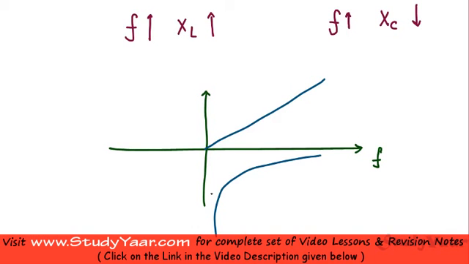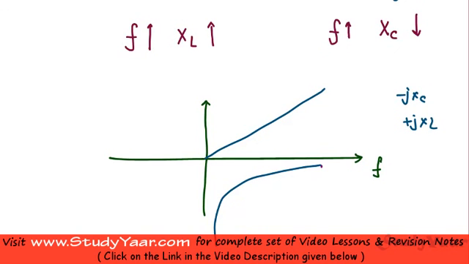Why do we have this in the negative direction? Because my capacitive reactance is minus jXC. My capacitive reactance is negative and my inductive reactance is positive. Therefore, I have shown this one in the positive direction, and this one in the negative direction.